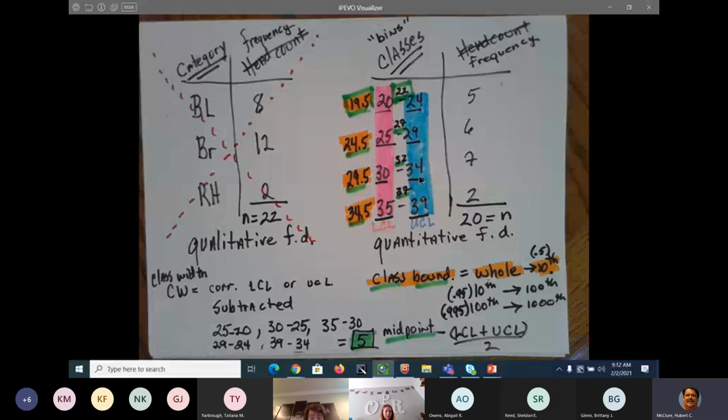So I'm going to go to the next page here, and we're going to write our frequency distributions again. I'm just going to put the numbers: blonde, brunette, redheads, 8, 12, and 2.